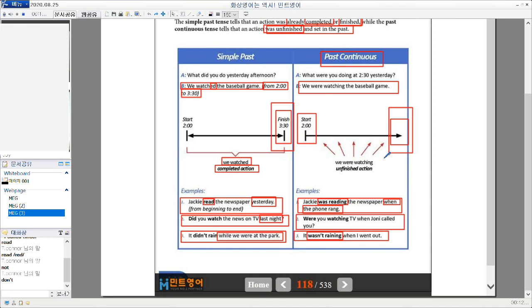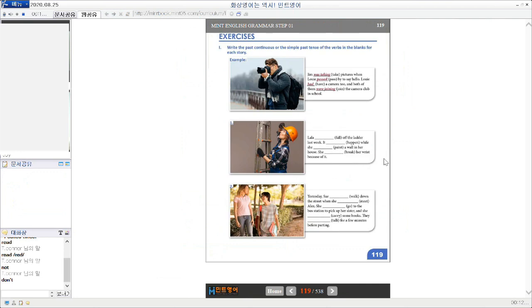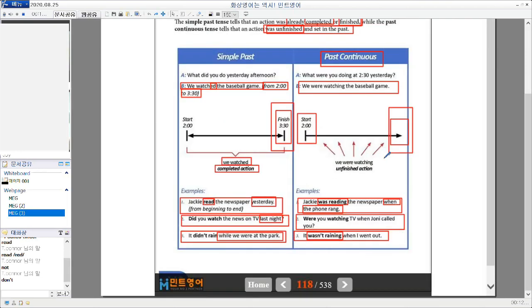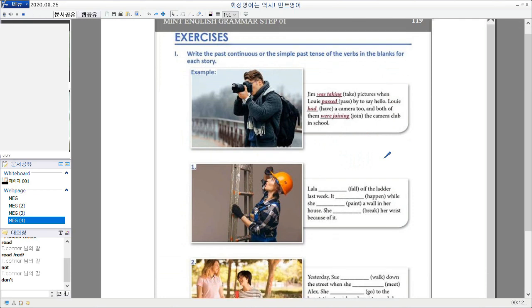But there are other rules. So let's take a look at the other rules. All right. For now, let's have exercises first. All right. So here, write the past continuous. Okay. So, it's already given. So just read the passage.